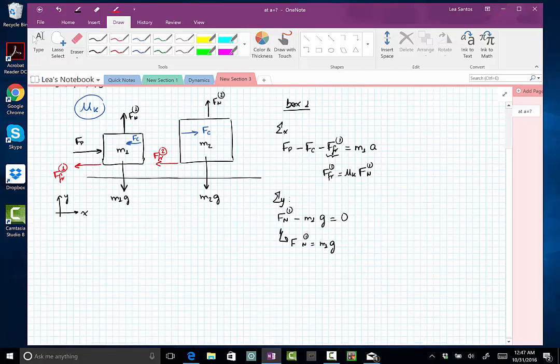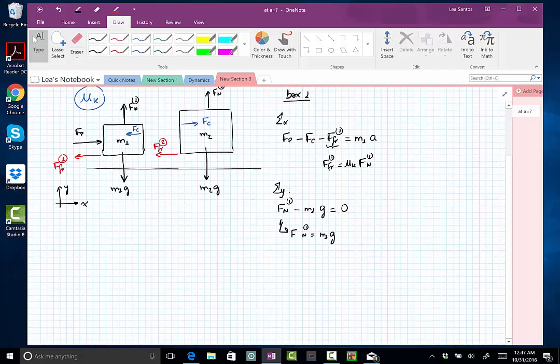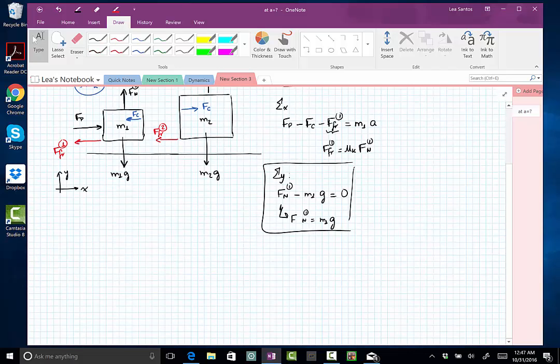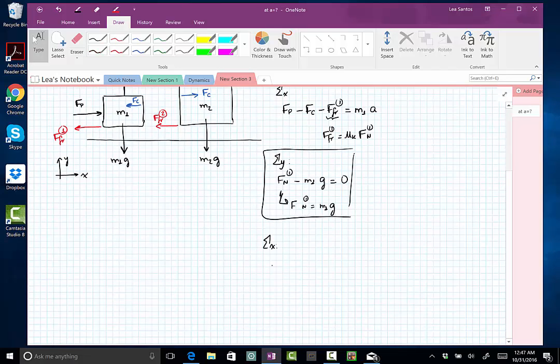Let me rewrite the equation for box 1 in the x direction now with everything that we have. We have Fp. The contact force I do not know. The friction force we do know is mu k times Fn, which is M1g. So do I have everything here?